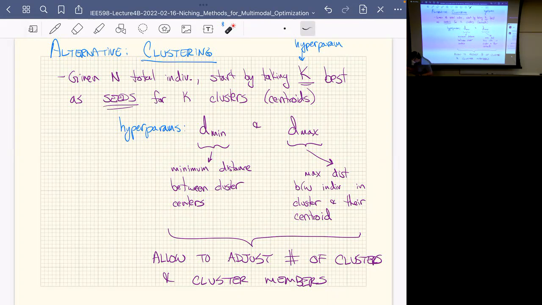All right, so now from here, I can calculate a shared fitness for every individual in the cluster based on a niche count, which is tied to the cluster and not necessarily the individual itself.